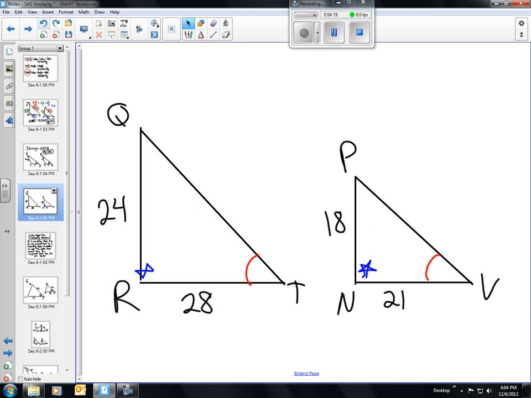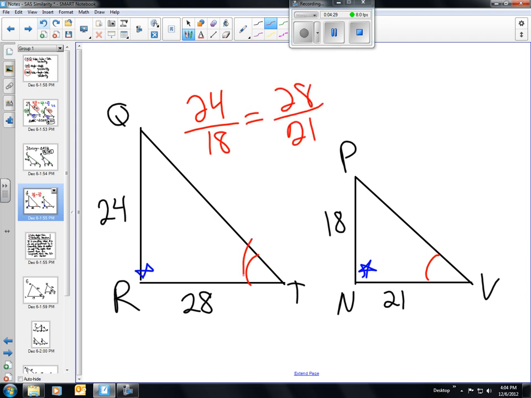We would not be able to use the SAS theorem here and set up the same ratio of 24 to 18 is equal to 28 over 21, and then use the angle T and the angle V as our two congruent angles. That would be incorrect, because again, they're not connecting the two sides that we're looking at to be proportional. And so they have to be connecting.